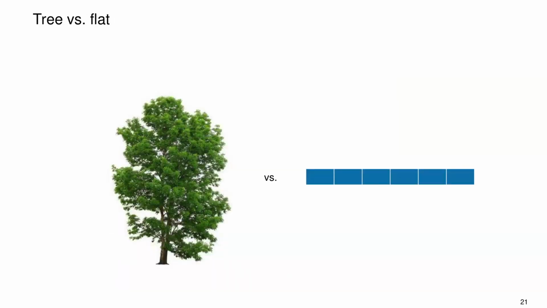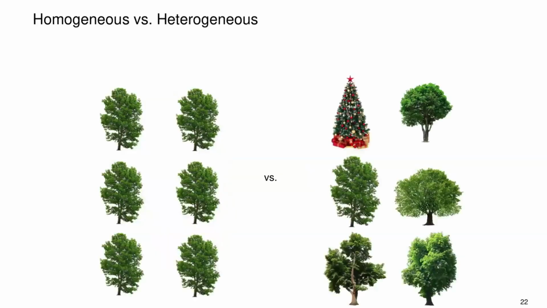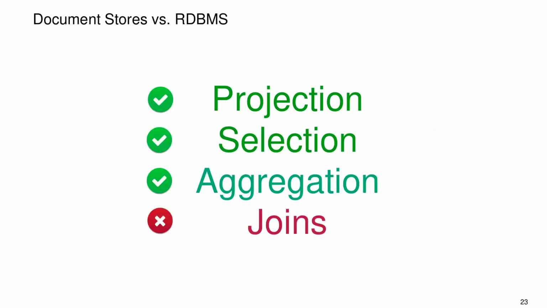Now, the two major differences with relational systems is first, in a document store you can have a lot of nested structures, and in a document store you can have heterogeneity with no schema, and every object looks different than the other objects.